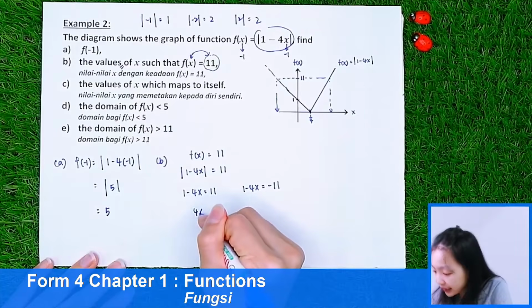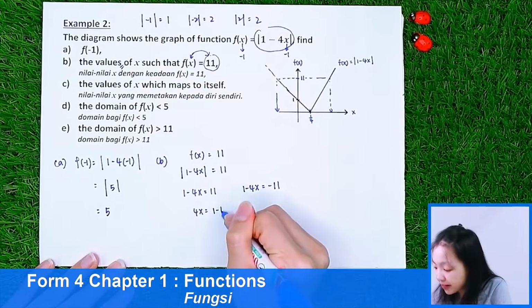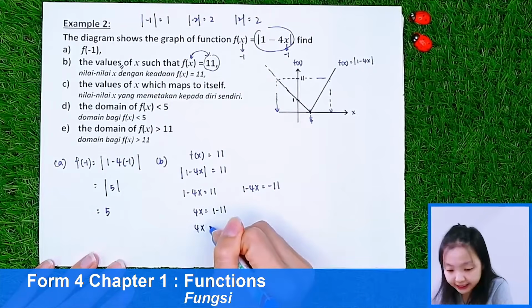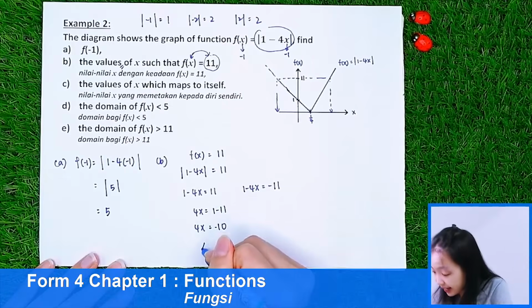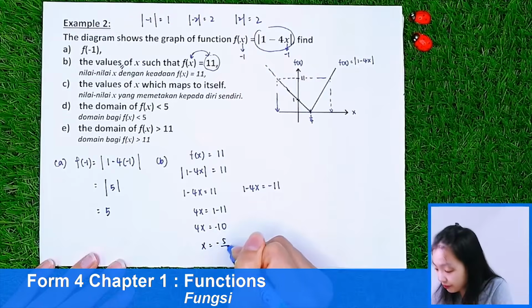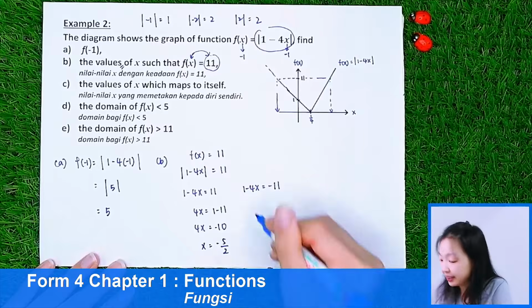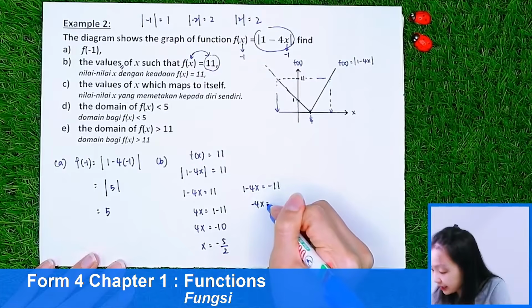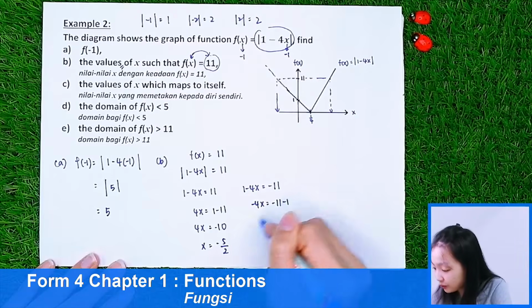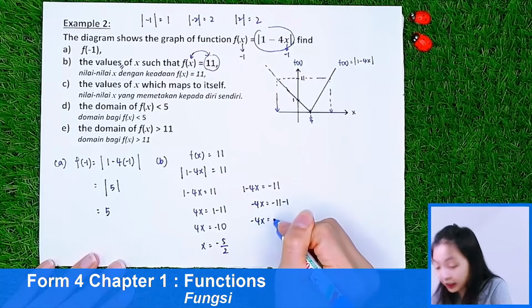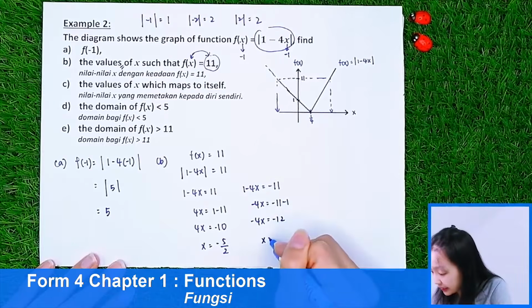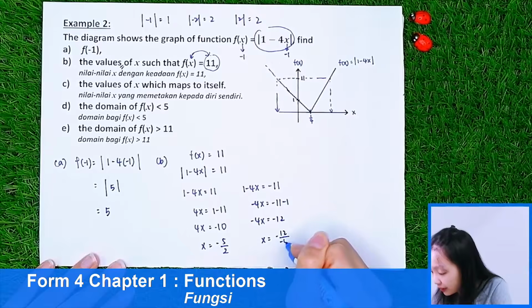So 4x is equal to 1 minus 11. 4x is equal to negative 10. x is equal to negative 5 over 2. Negative 4x is equal to negative 11 minus 1. Negative 4x is equal to negative 12. x is equal to negative 12 over negative 4.